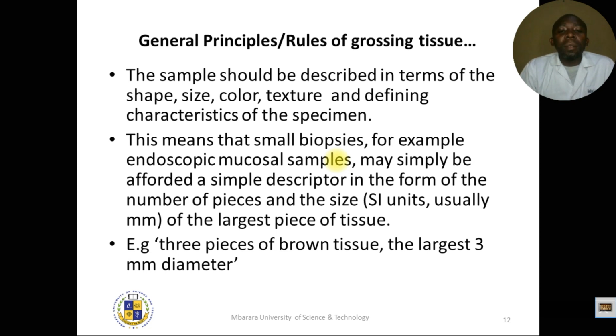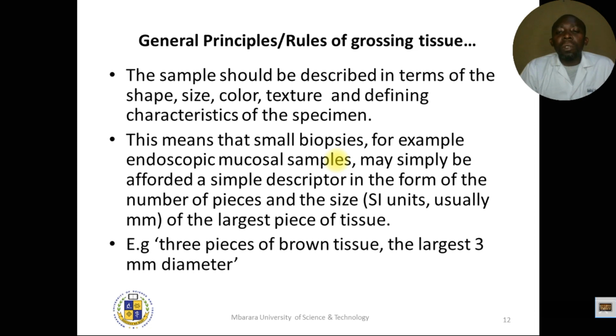Like you can report that I received 5 pieces of the biopsies, and all together you put them together and then you measure at once instead of measuring one by one, because they could be too small to be measured and they could be many in number. So you can bring them in one position and then you give them a simple descriptor altogether.